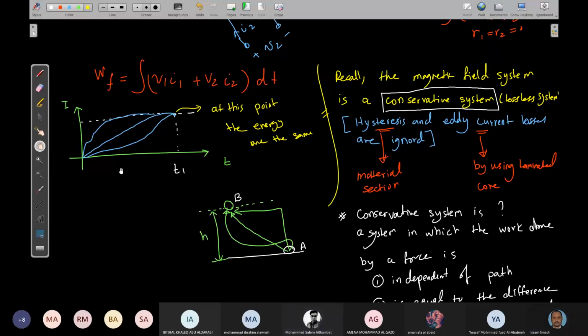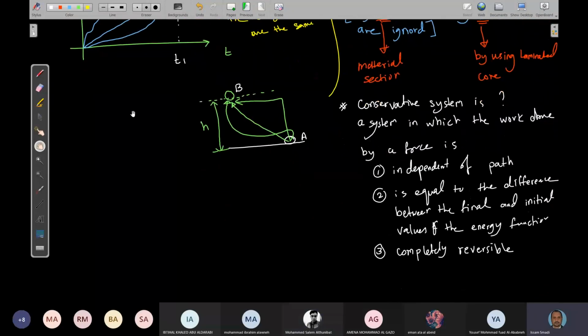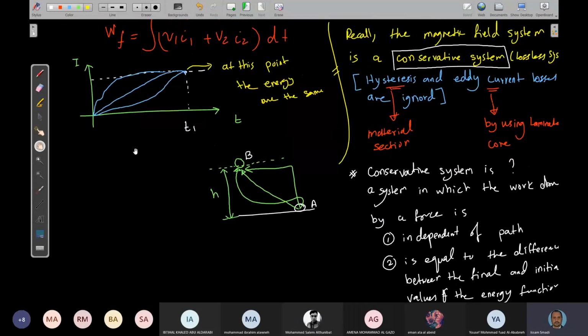So if this is the case, I can do the integration using two steps.